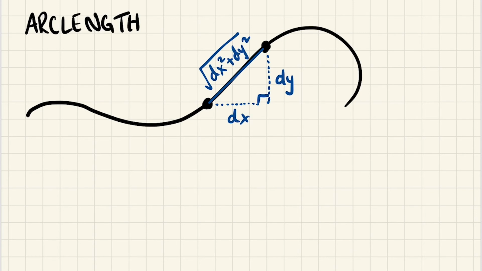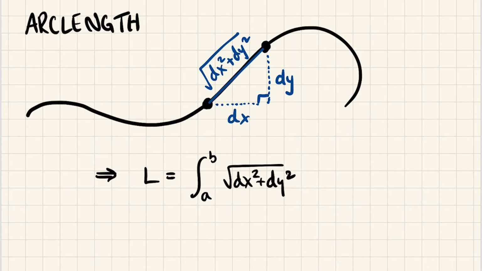And using the Pythagorean theorem, this particular differential length along the curve is given by this formula right here. So to find the arc length, all we have to do is add up all of these things. So we'll say that the arc length L is the sum from A to B of these guys.